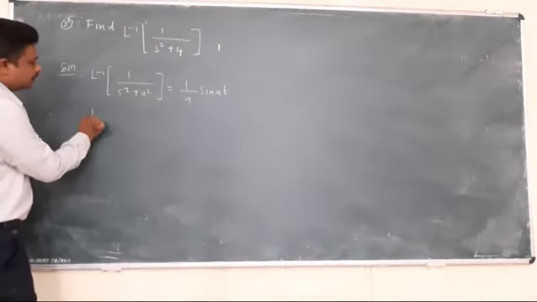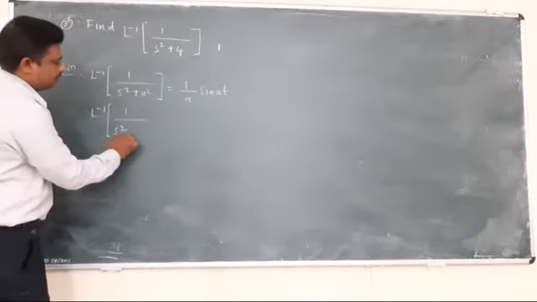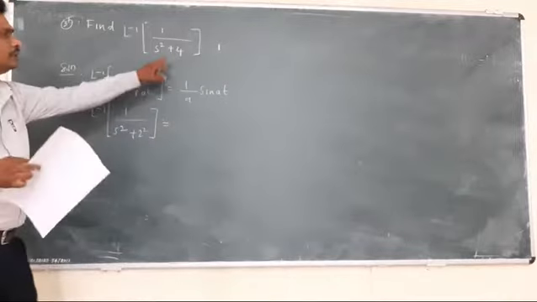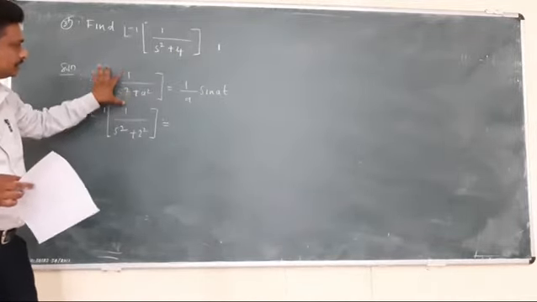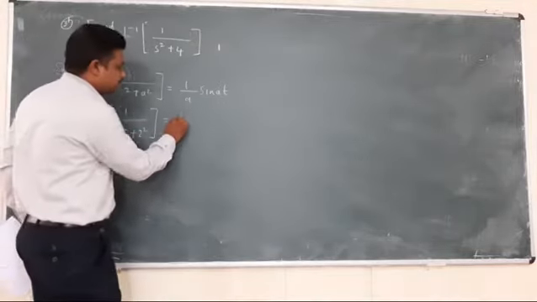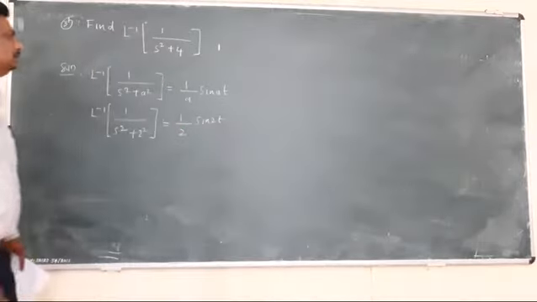So therefore, L inverse of 1 upon S square plus 2 square, I have written 4 as 2 square. By comparing this formula with this example, I can see the value of A is 2 here. It becomes 1 upon 2 sine of 2 into T.